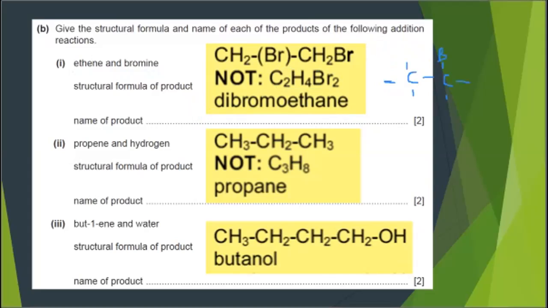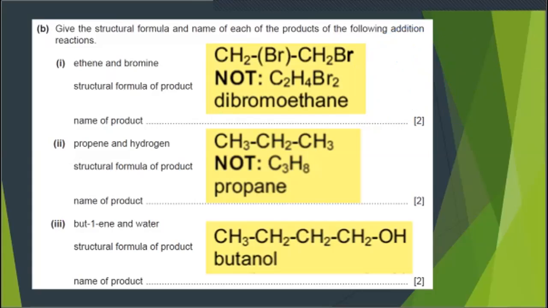So you have Br here, Br there, with hydrogen, hydrogen, hydrogen, hydrogen, right? So this is what they want to see you produce for them, right? And this is the name, dibromoethane.